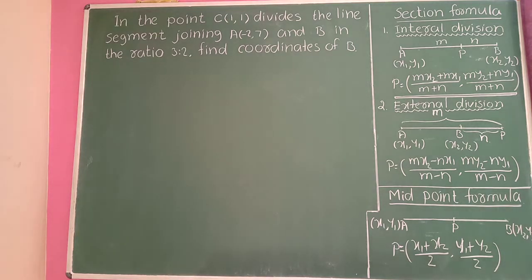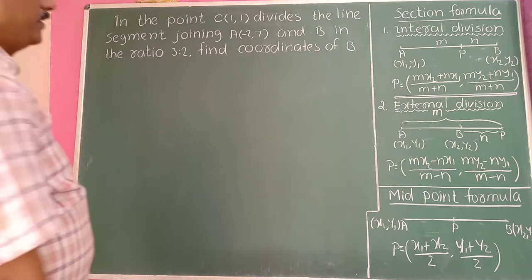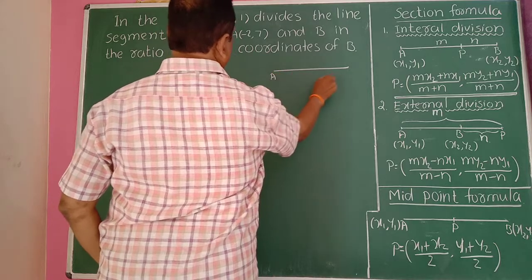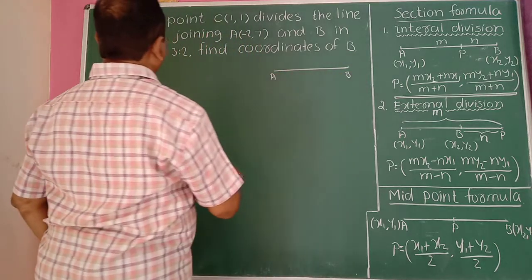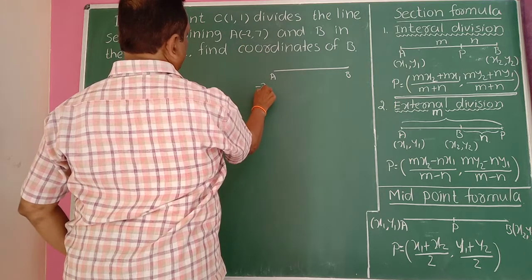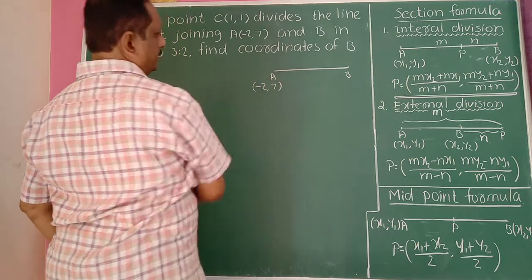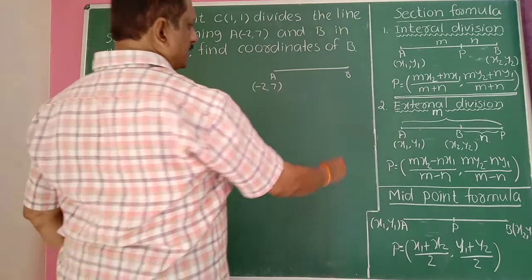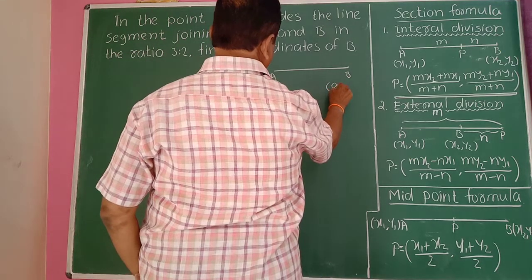So the point C (1, 1) divides the line segment joining A (minus 2, 7) and B in the ratio 3:2. Find the coordinates of the point B here. Okay, so here A and B, and the coordinate of point A is minus 2 comma 7, and we don't know the coordinate of the point B. Therefore consider the coordinate of B as a comma b.